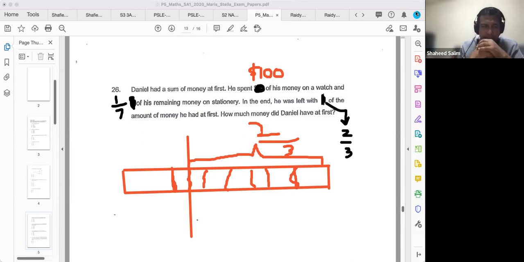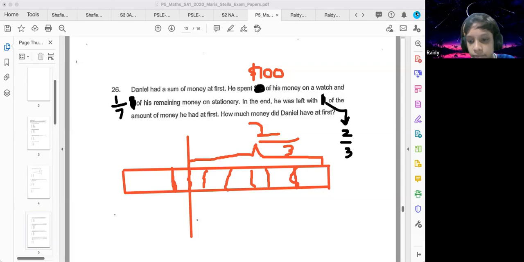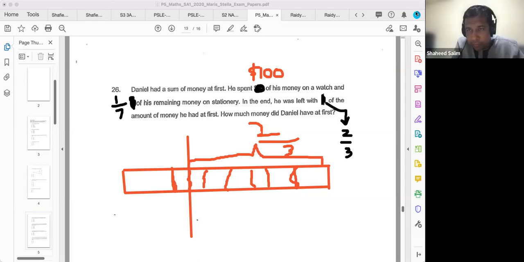Good. So the balance, how many units? You know already. The long piece is how many units? You know. 20 is the answer. 20? One unit cannot be 20 lah.